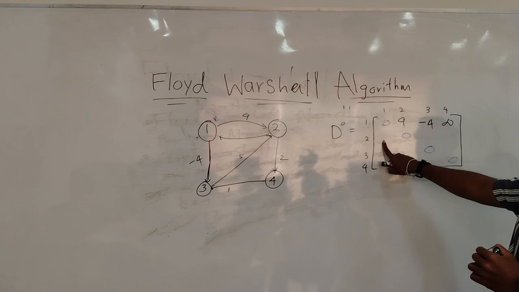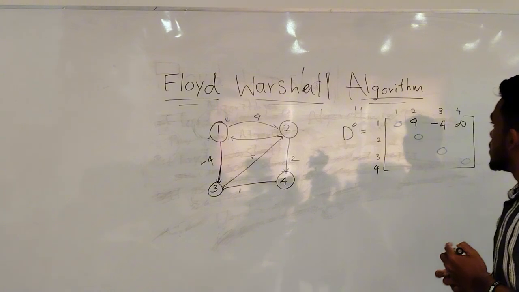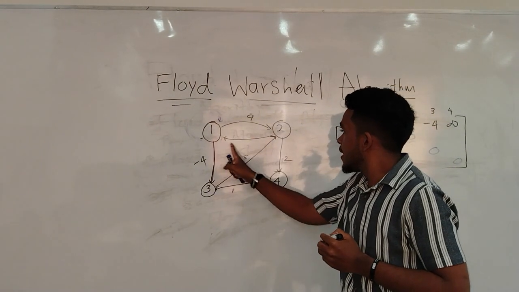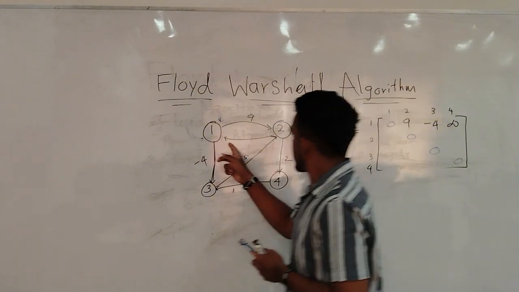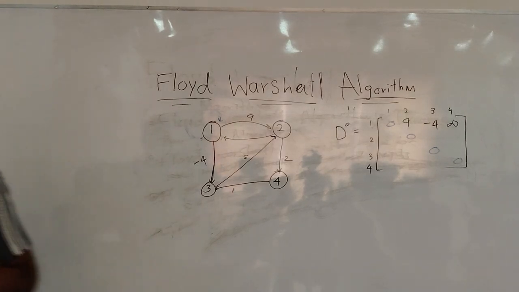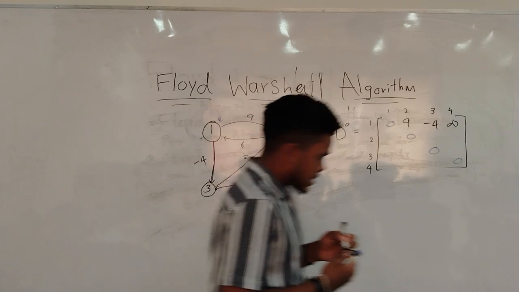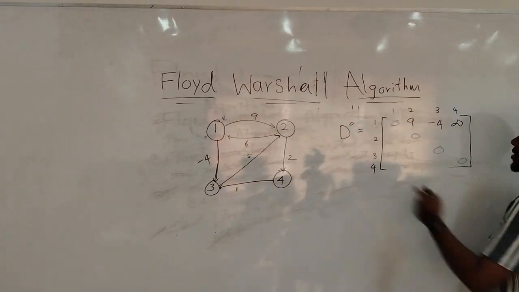Then we will check vertex 2. From 2 to 1 there is a direction, its weight is 6.